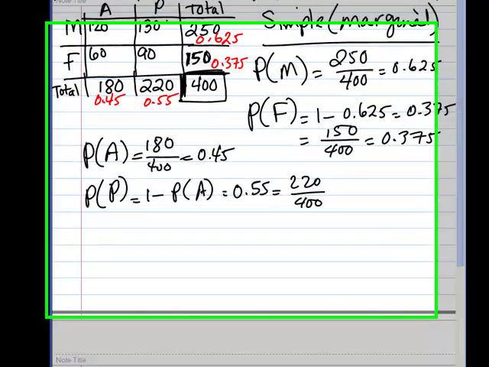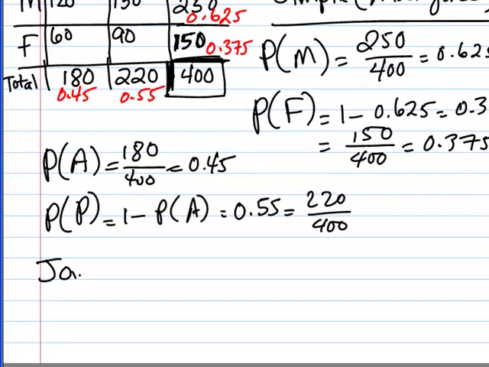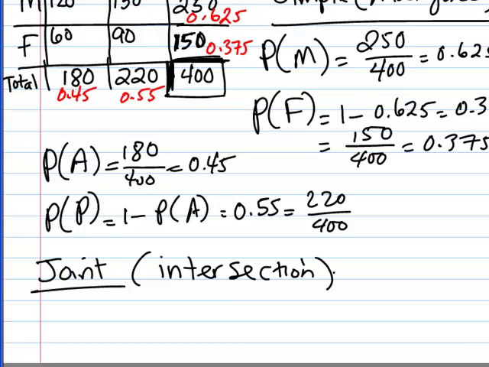Let's now continue on and talk about joint probabilities. So far, in our analysis, we've only looked at one event at a time. Either we were looking at the probability of male or female, or the probability of appearance, or the probability of performance. Now, what if we want to compute the intersection? That's what your book calls it, joint probabilities or intersection of two events.